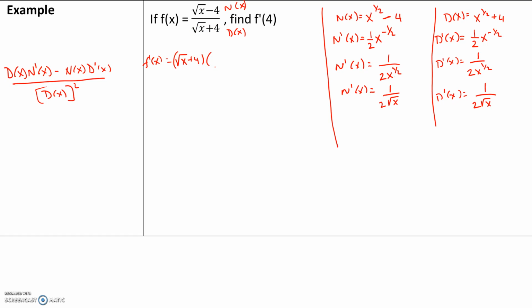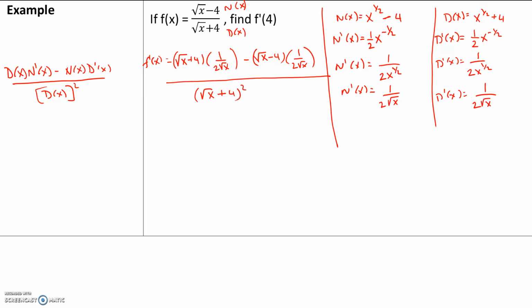And we're going to multiply this by n prime of x, which is 1 over 2 radical x, minus n of x, which is radical x minus 4. We're going to multiply this by d prime of x, which is 1 over 2 radical x. And all of that is going to be over d of x squared, which is radical x plus 4 raised to the second power.